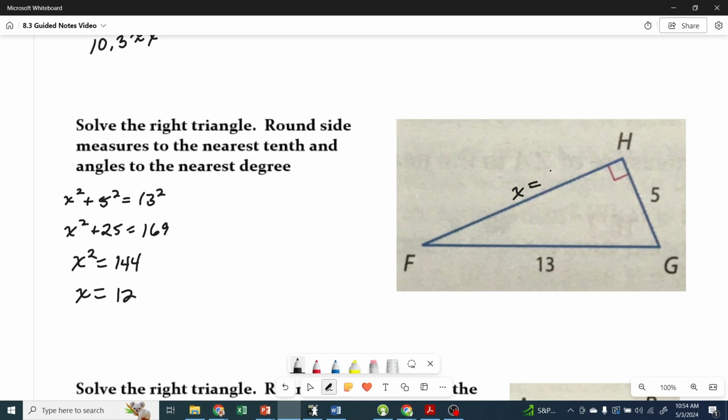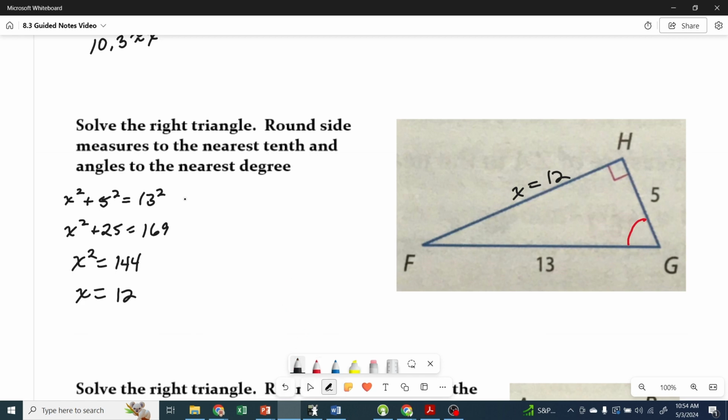I can choose any angle I want. I'm going to go with angle G this time, and I'm going to go with sine.